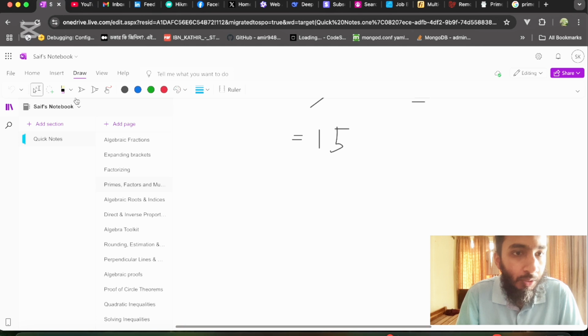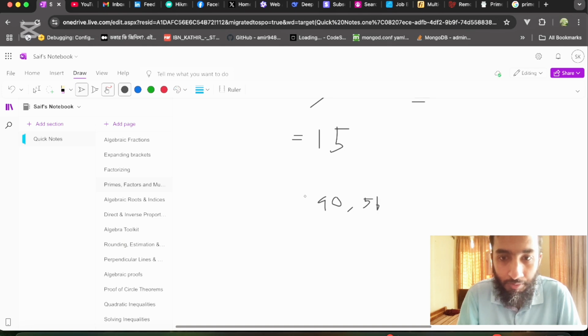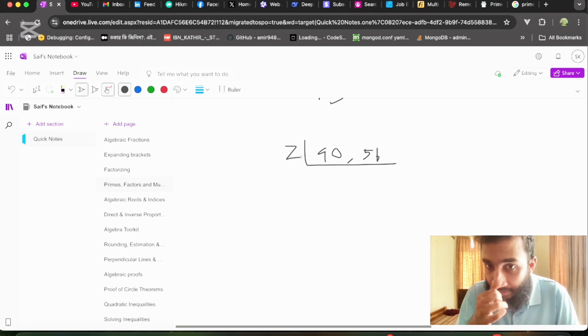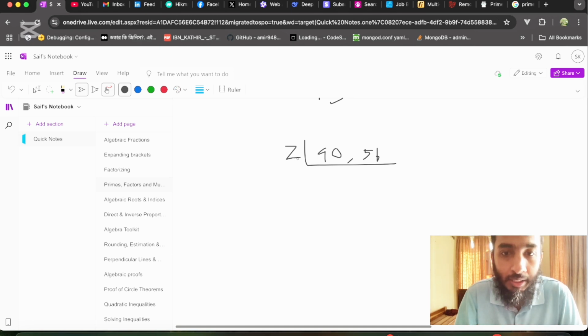So in order to find the lowest common multiple of these two numbers 40 and 56, we can constantly divide them by numbers like 2. If I divide 40 and 56 by 2, I get 20 and 28.